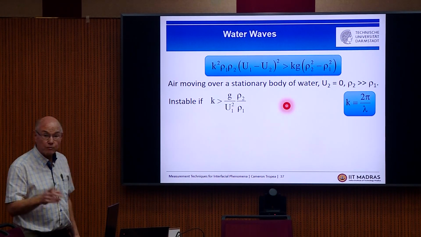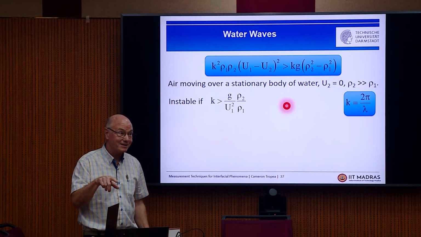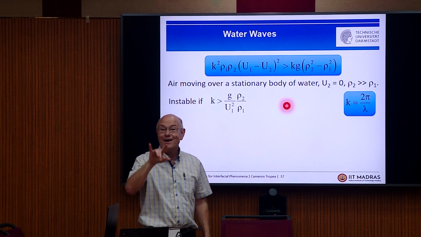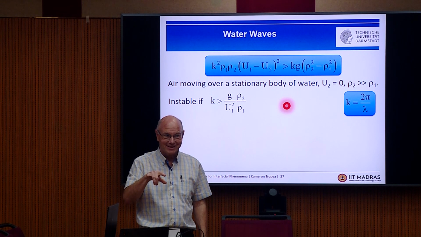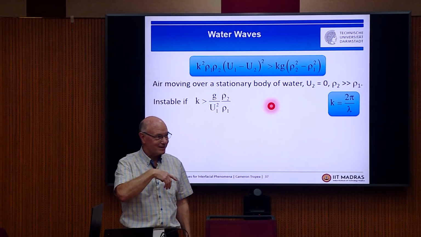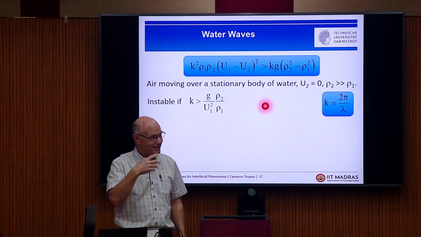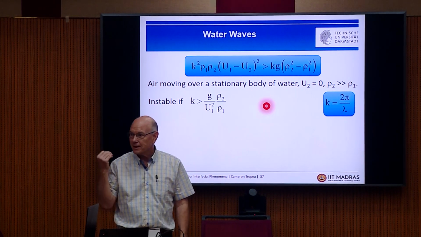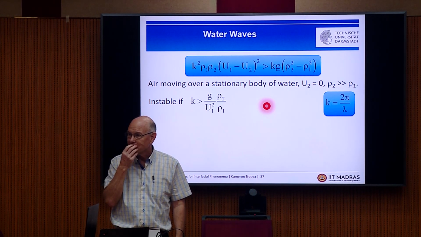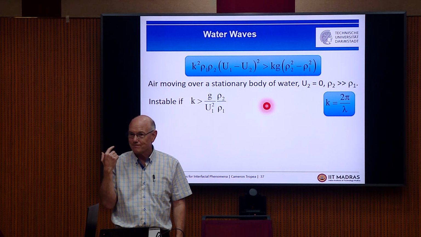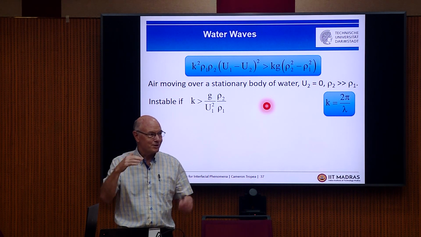Okay, and of course, now back to measuring techniques. The interesting thing is now, of course, to measure the wavelength and to see if it agrees with the dispersion relation, and then you know if you have Kelvin-Helmholtz. And I did that yesterday with Ahmed Said in the group of Mahesh. He was doing crowds.